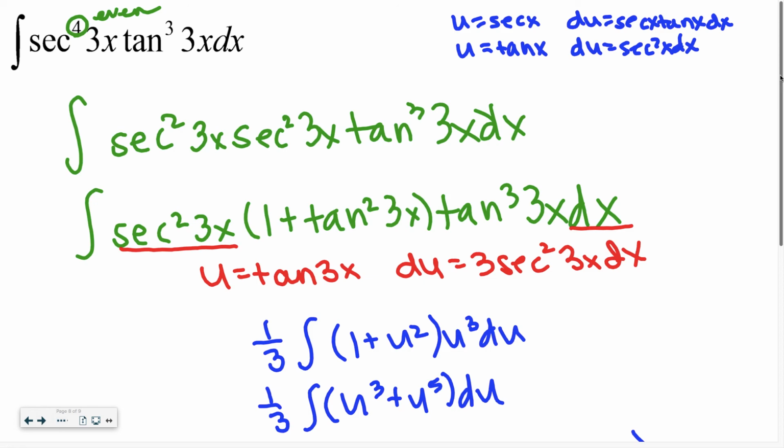Then our u would have been secant 3x, with our du, and then our answer would have been in terms of secant. So it would look different than that.